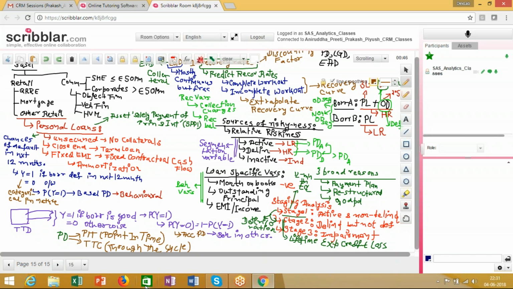If you just look at the two names, one is PIT and the other is TTC. The very words point in time identify that it is a short run period. It is a short run concept.